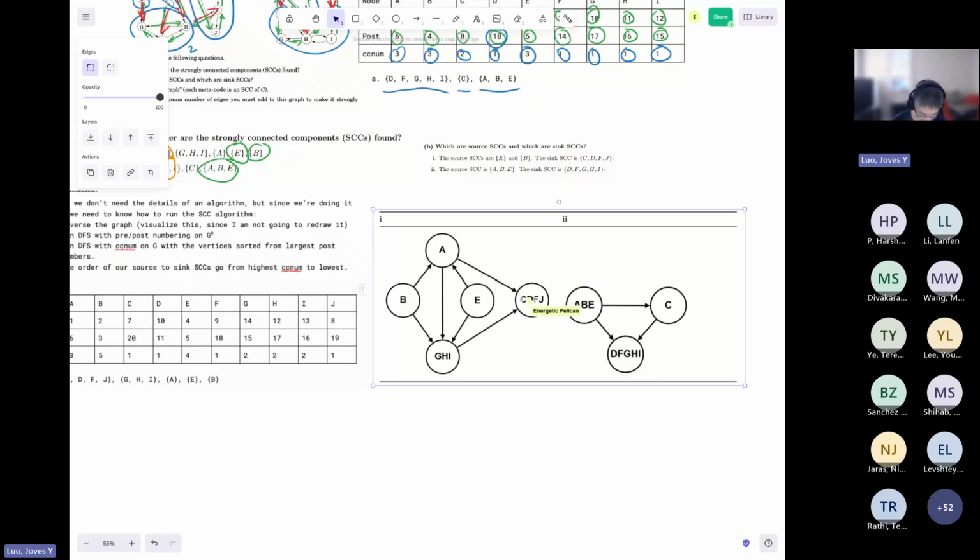So A points this way. So I think, how do we properly, so we have to take care of the sources and we take care of the sinks. I think that's the main thing. So if we take the sink and we create one edge here, that will make it no longer a sink, right?